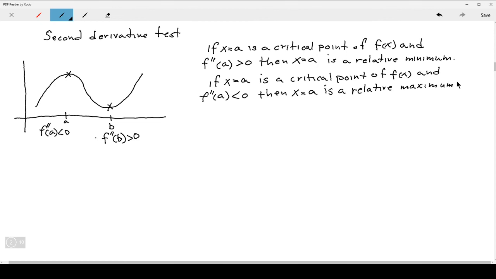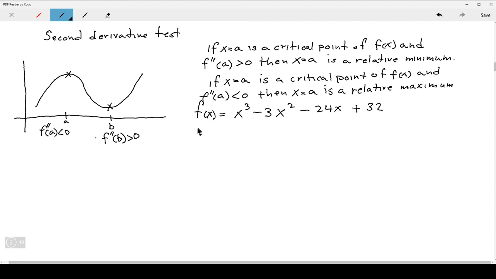All right, so let's go back to the first function that we did. That was the polynomial f of x equals x to the third minus 3x squared minus 24x plus 32.